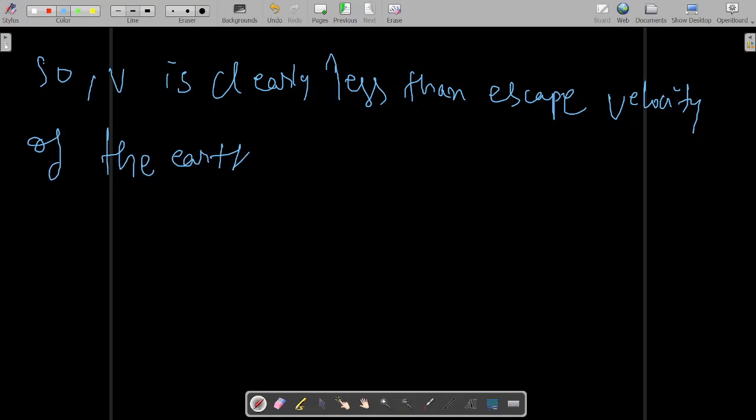What is the escape velocity of Earth? The escape velocity of Earth is approximately 11 km per second, right? So V is clearly less than the escape velocity of the Earth.